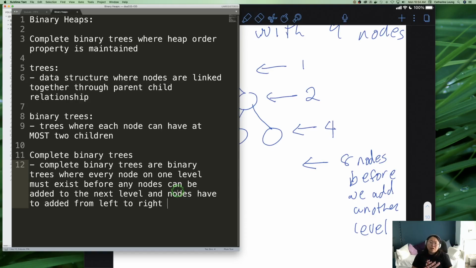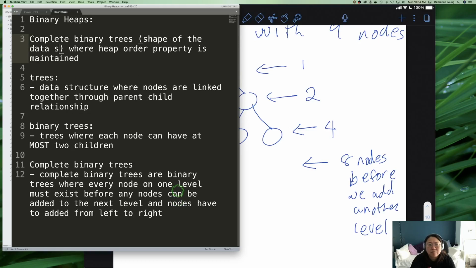Okay? So be careful about this. This is a shape. So the first part of this definition of a binary heap has to do with the shape of the data structure. Complete binary tree talks only about shape. It doesn't care about where the numbers go. The shape of a binary heap is that of a complete binary tree.